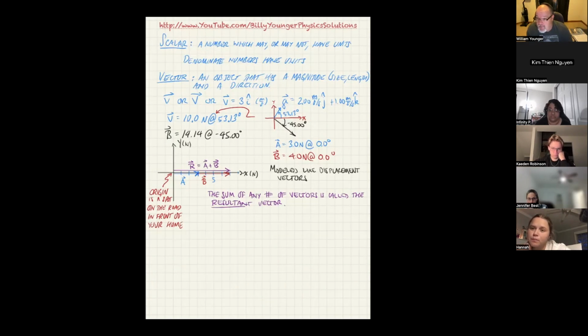It only starts at the end of A. Does that make sense? So B had a length of 4 and A had a length of 3. And I could say specifically that R vector is now equal to 7.0 newtons also at 0.0 degrees.